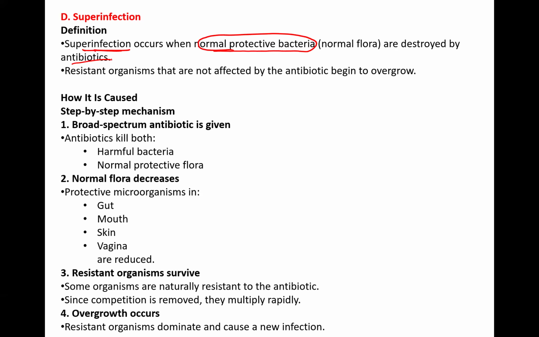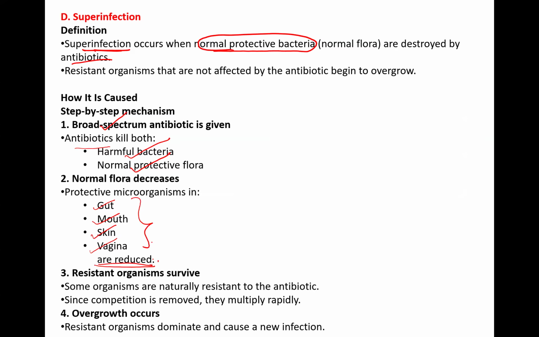Understand? We have normal protective bacteria which prevent our gut from some infections. So here, those organisms will begin to overgrow. There are different causes. The first and most important is that a broad spectrum antibiotic is given, which can kill harmful bacteria as well as the normal protective flora. We have this normal flora especially in the gut, mouth, skin, and vagina, so these organisms will be reduced.